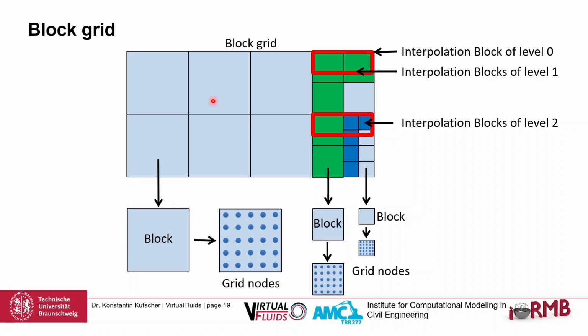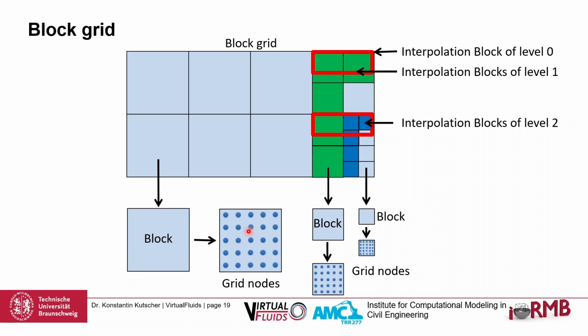Of course, each block in the grid, or at the same level of the grid, has the same size. And each block consists of nodes. We store a simple 3D matrix in this block, but topologically these are the nodes of the grid.